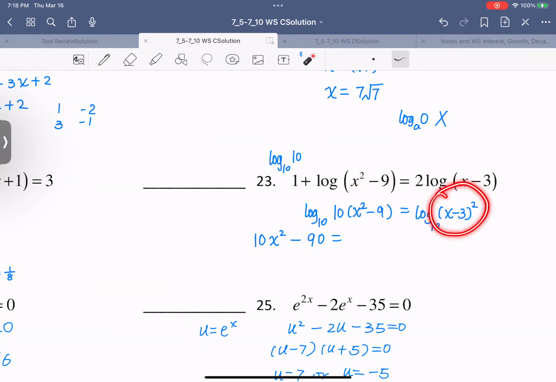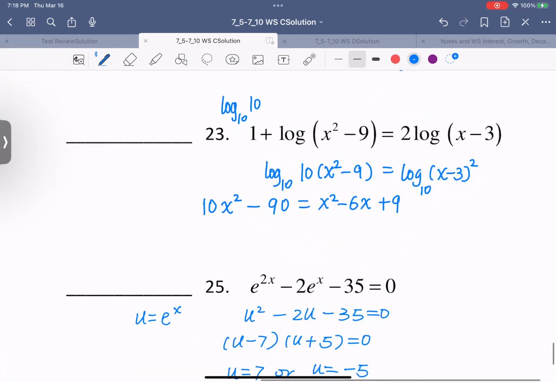Who is this? X squared minus 6x plus 9. Let's move this around. 9x squared plus 6x minus 99 equals to 0, right? And then we take the 3 out. So this is 3x squared plus 2x minus 33 equals 0, right? That's factoring. 3 is 1 by 3.